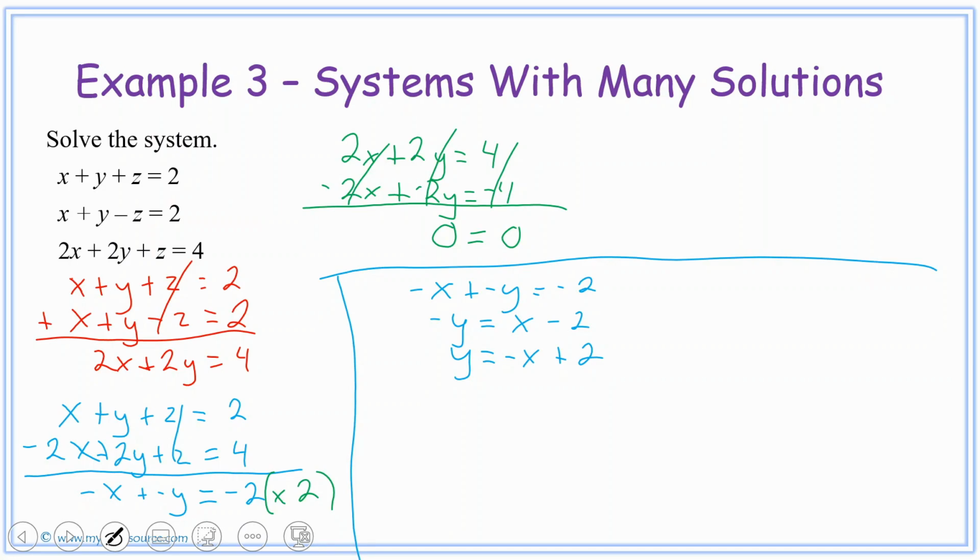If we wanted everything to be in an easy to read form, what we could do now is substitute the y equals negative x plus 2 back into one of the original equations. If we choose the first one and we use our substitution method, we will have x, and we're replacing y, so let me put it in parentheses so it stands out, negative x plus 2, and then the plus z equals 0.